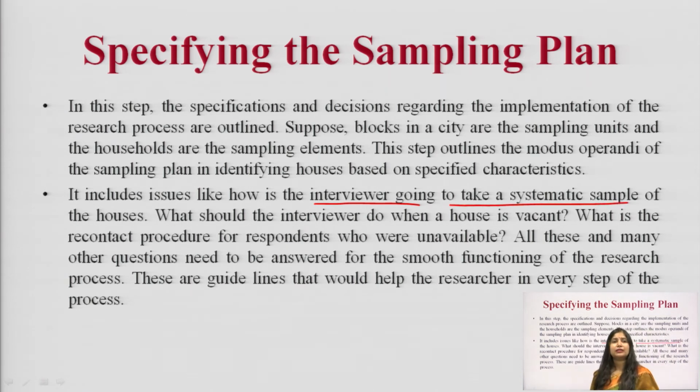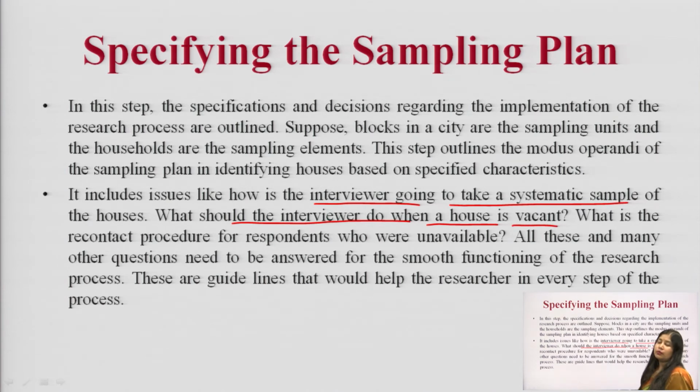It is basic in the sampling plan what we are going to do, how we are going to collect our data, how we are going to collect information from our sampling unit. You have defined that you will collect data from this block of the city, and how will you identify which houses or which people you are going to study? This will come in your sampling plan, and it depends on how the interviewer takes a systematic sample of the households, and what the interviewer should do when the house is vacant.